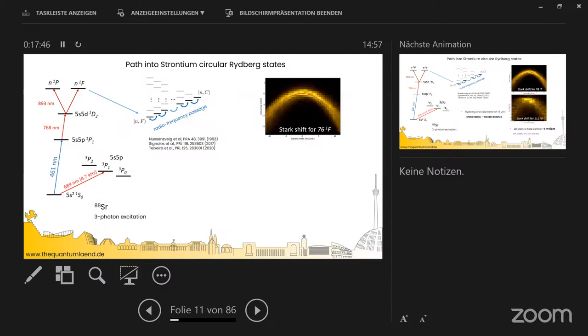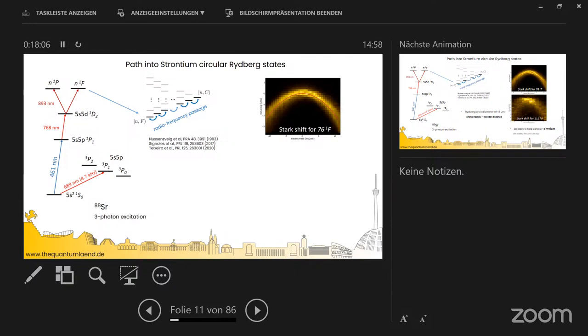To test the level of control that we have over the electric field in these experiments, I just want to flash a few measurements of the Stark effect of this initial 76 F state, so that's the typical parabola of the state in an electric field.